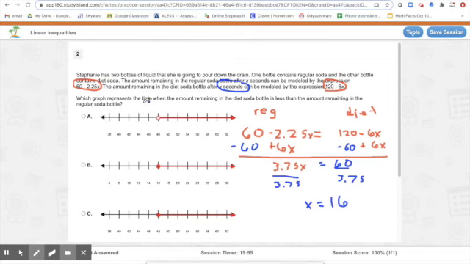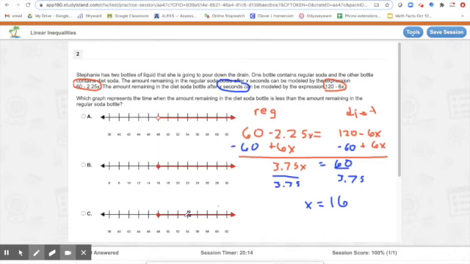The question says, which graph represents the time when the amount remaining in the diet soda is less than the amount remaining in the regular soda? So diet is starting with more. That means before 16 seconds, the diet soda is going to have more.